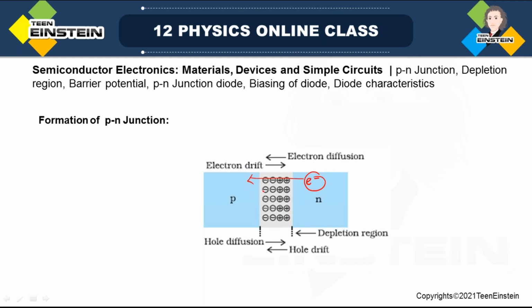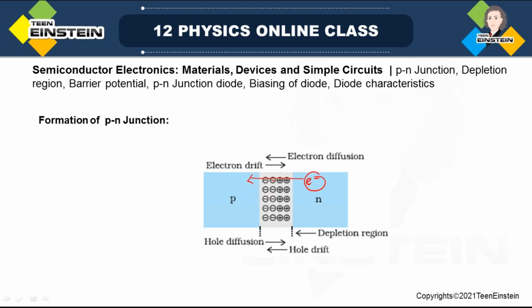In a similar way, when the holes diffuse to the N side, negative acceptor ions are accumulated near the P junction.